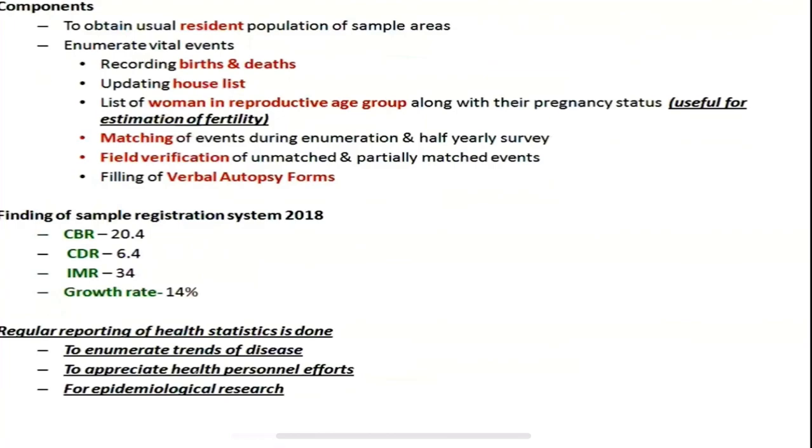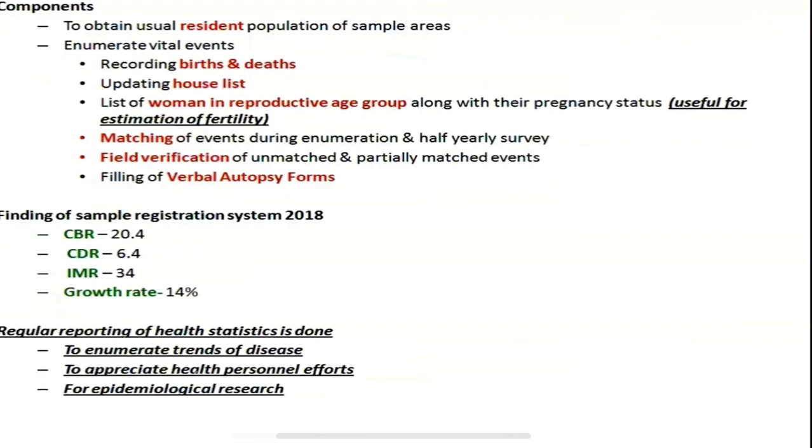The regular reporting of these health statistics is done. It is to enumerate the trends of the disease. By the regular reporting of these health statistics, we understand what are the trends of the disease. Initially, we had many respiratory conditions. Now, what is the present trend? Is it the heart diseases which is occupying, or is it the cancers?